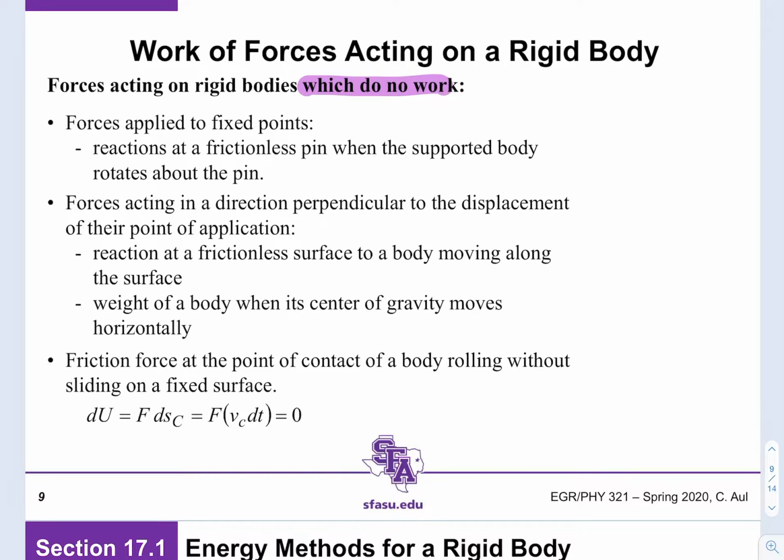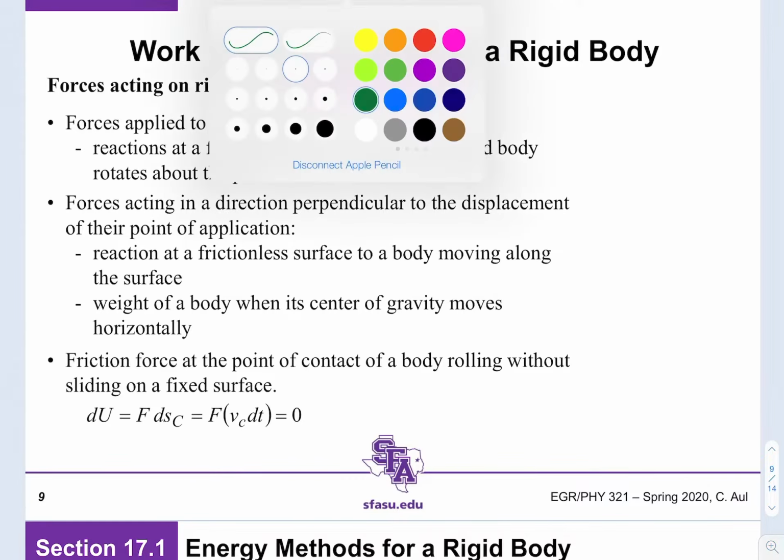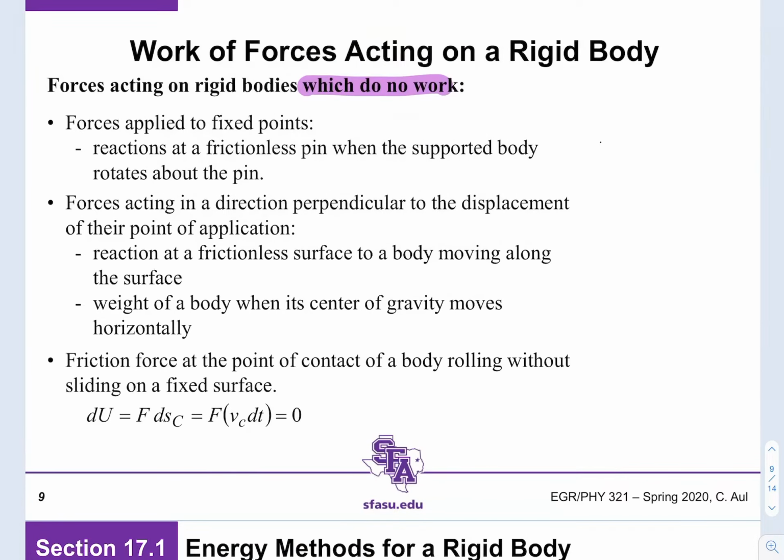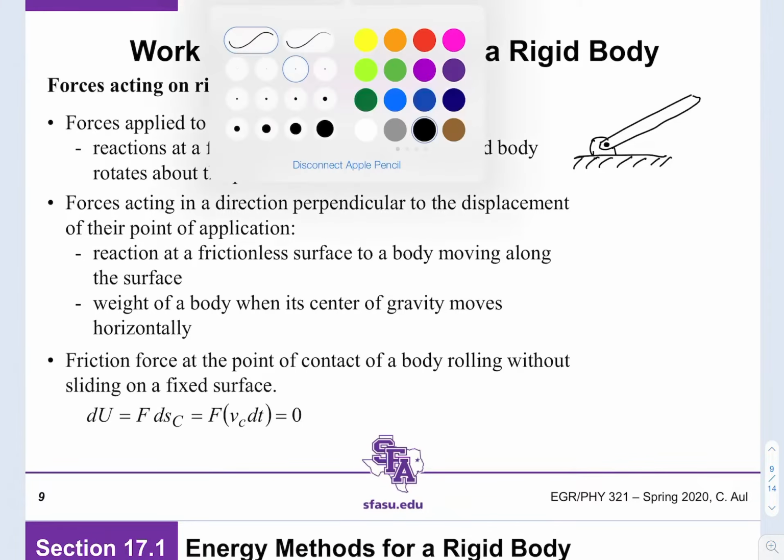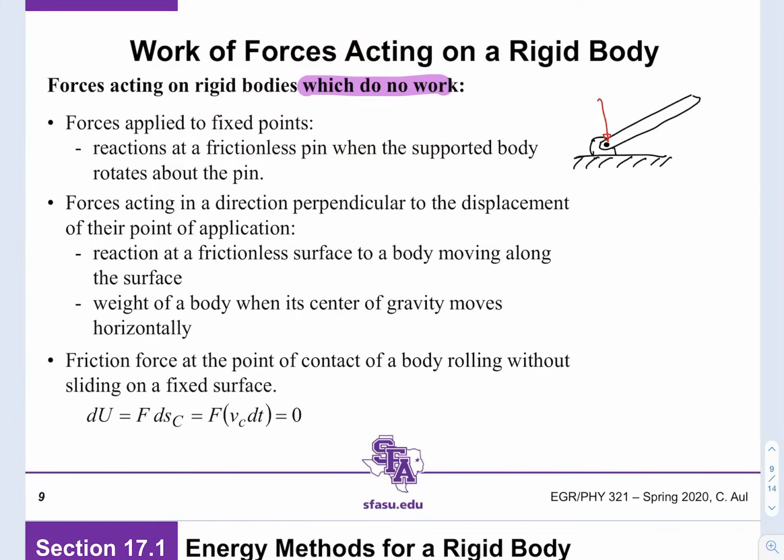So let's go through some specific statements that I think are really important towards the end of this section, in terms of what forces acting on rigid bodies do not do work. It's something you have to consider when you're analyzing these problems, because not all the forces are going to do work.